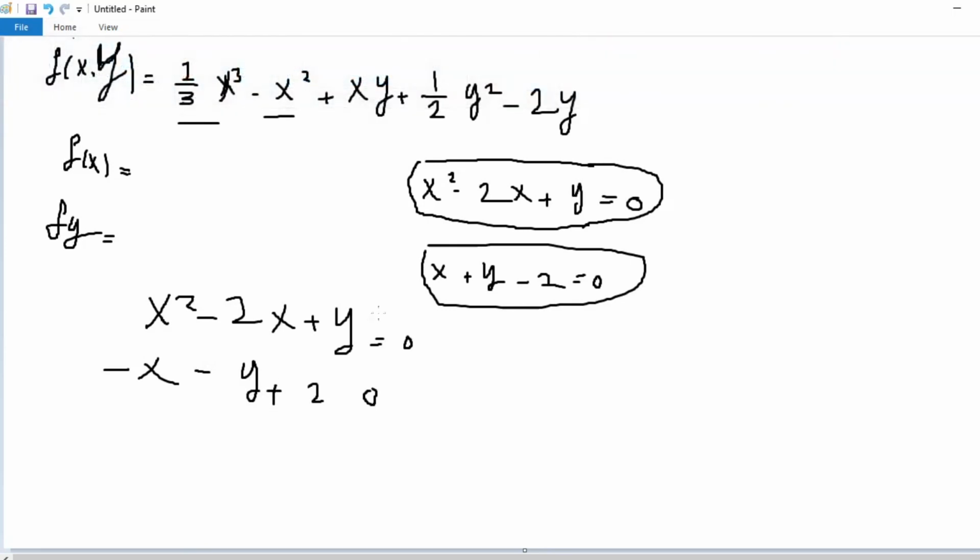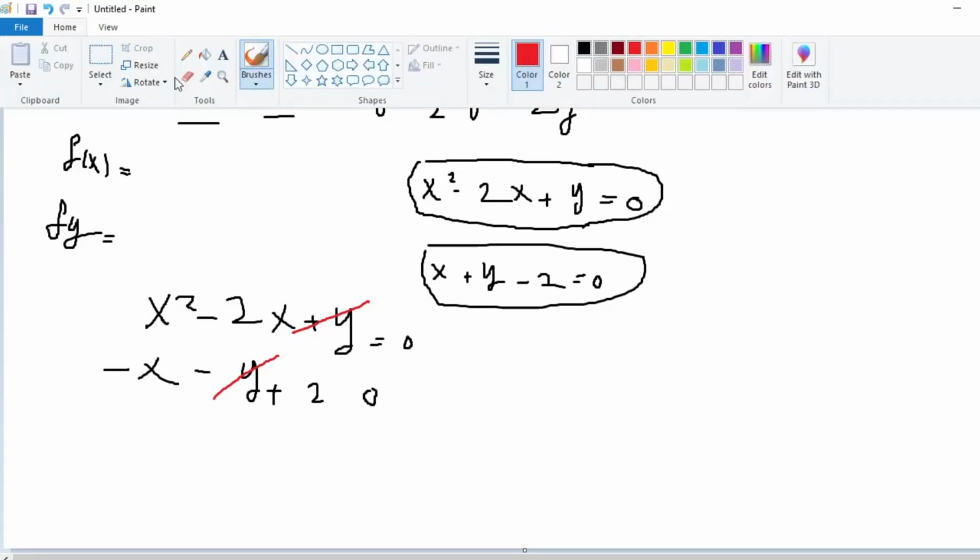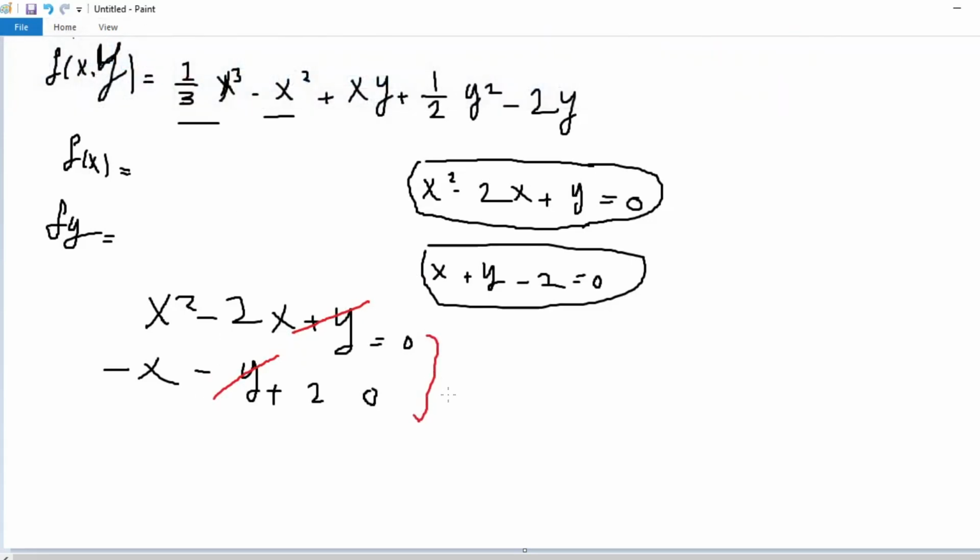So the y's can cancel here. So let's combine these equations. If you combine those two equations, you will get x squared, and then negative 2x negative x is negative 3x, and then plus 2, then equal to 0.